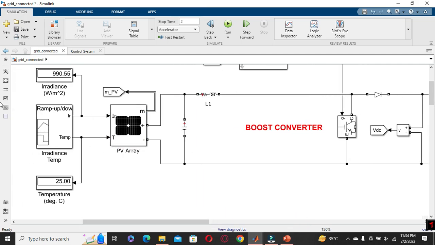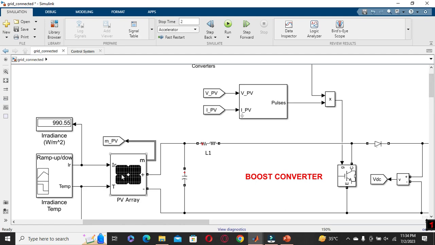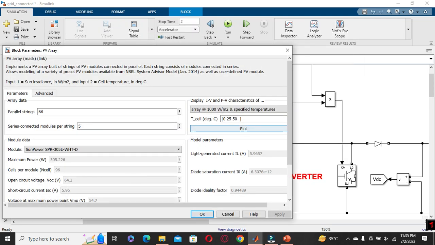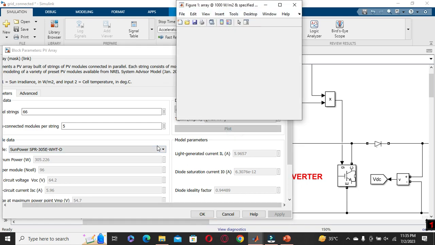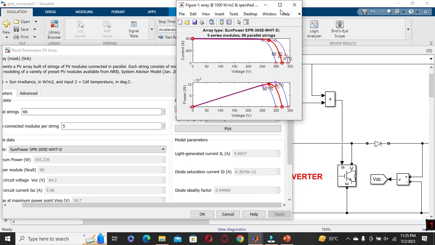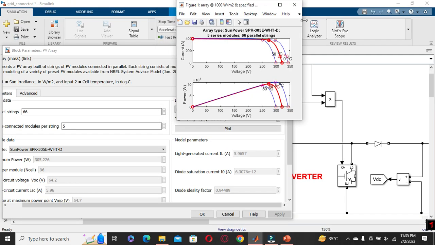Okay, and you can also plot the PV characteristic graphs here. So I think there is a display IV curve and PV curve. So let me plot this one. Yeah, you can see the plot is showing.